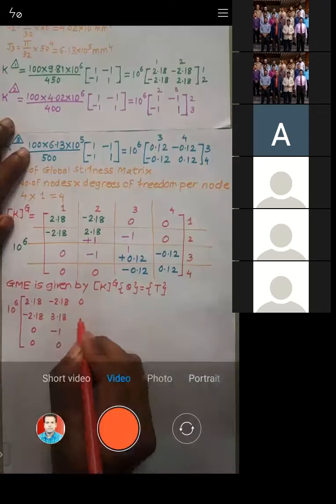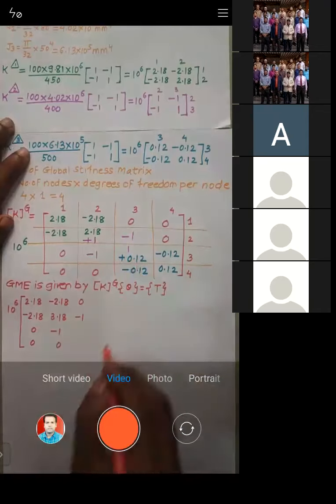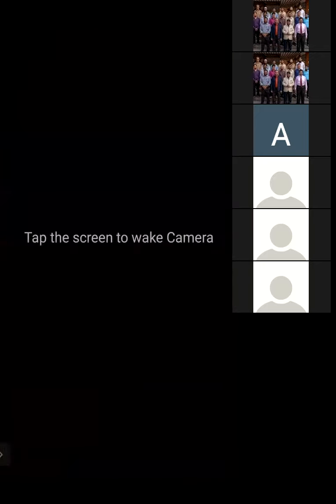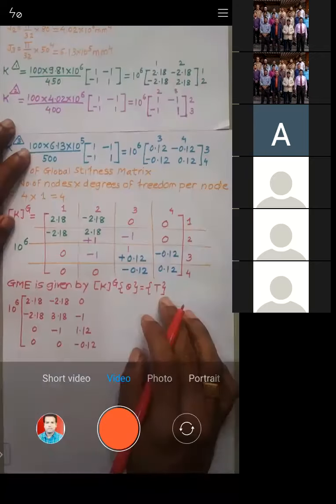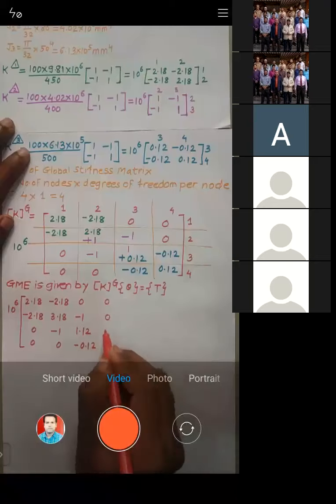Then here it is 0. We have minus 1. Then this 1 plus 0.12, so it is 1.12. And here it is minus 0.12. Then here it is 0, here again 0. So this is minus 0.12, and this is 0.12.